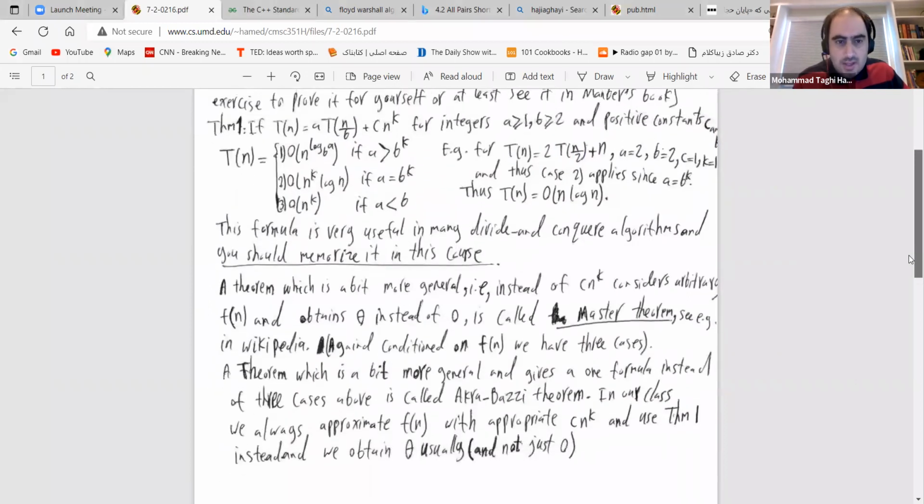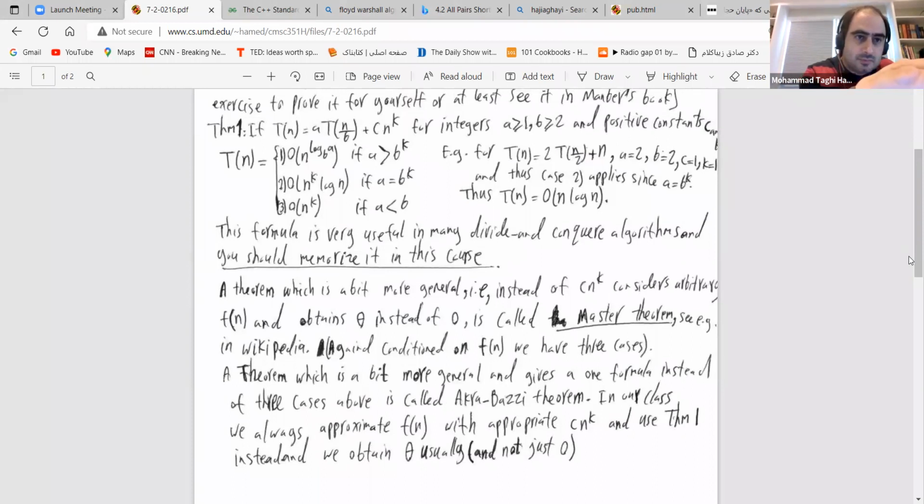You can do it. However, here is a theorem where, instead of this C and K, we will have just f of n.